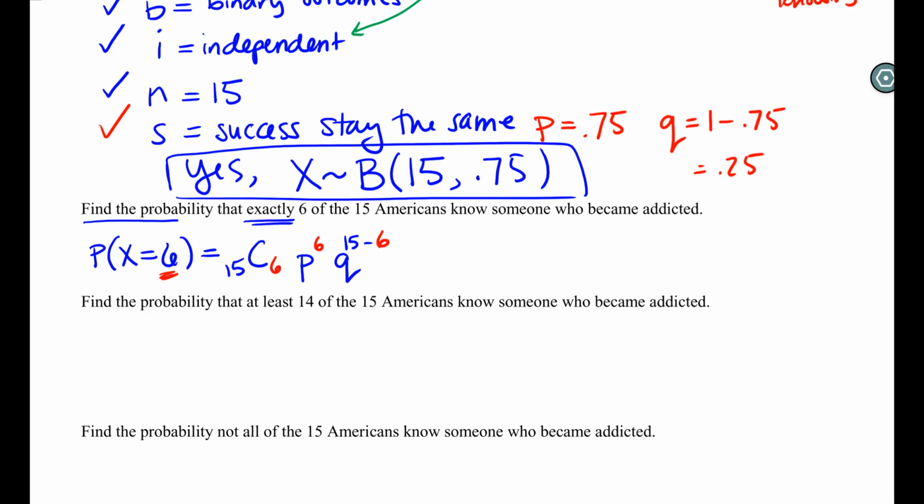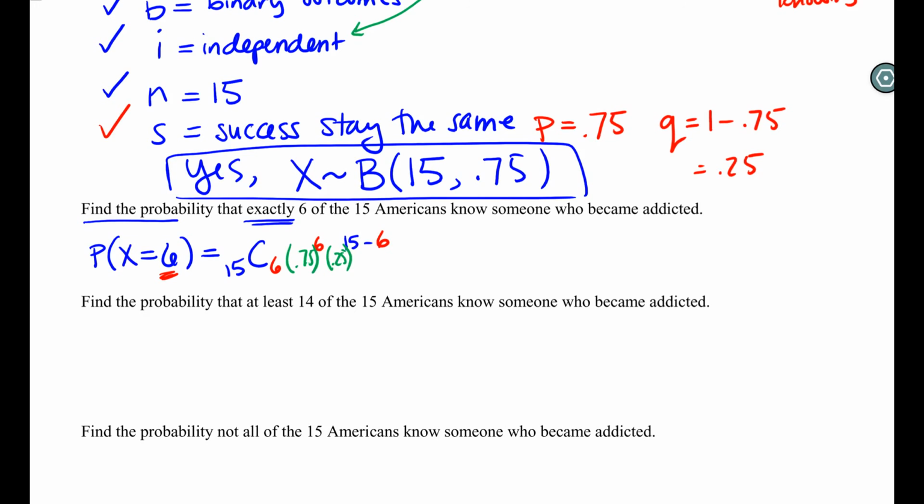And then the last thing to replace is our P and our Q. We know our probability of success is 0.75, and our probability of failure is 0.25. So that's what I want to type in my calculator: 15 choose 6, and then 0.75 to the 6th, and 0.25 to the, what is 15 minus 6, to the 9th, to all the leftovers.